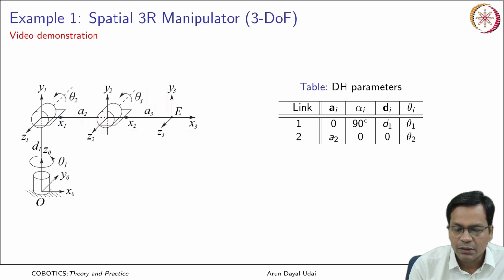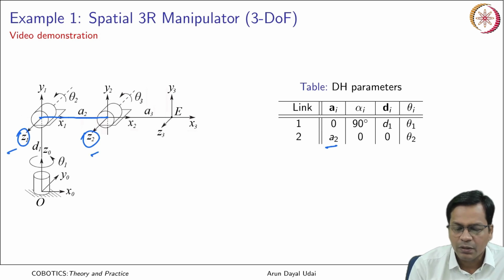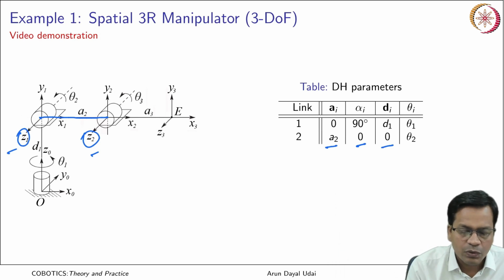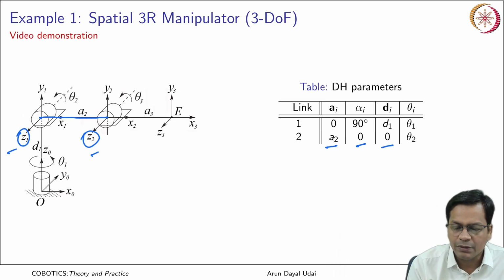Next one is the distance between z1 and z2 measured along x. So that is the link length. There is no angle between z1 and z2 measured about x1. So twist is 0. There is no distance because both the joints are in a plane. So again there is no distance travelled along the z axis.